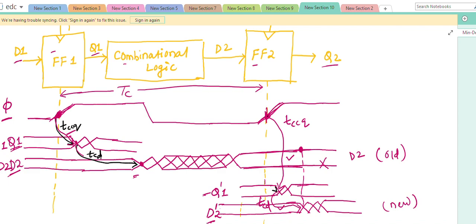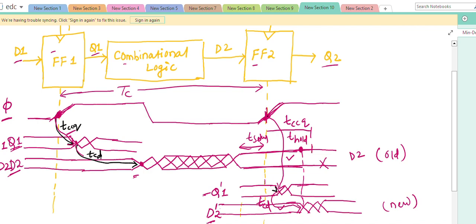We already know that flip-flop 2, or any flip-flop, will give a correct output only if it satisfies the setup time and hold time. Now for example, on this rising edge of flip-flop 2, at this point, this is your setup time, so it is satisfying the setup time. But consider this much as your hold time.